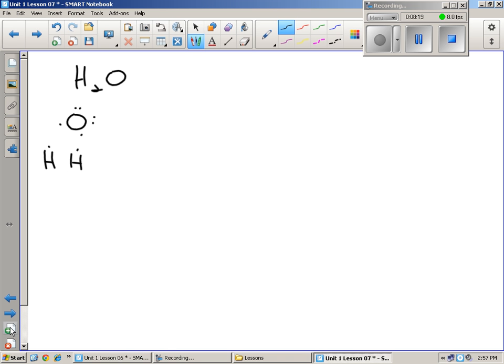So, according to our definition of bonding capacity, which one has the most bonding capacity? How much does oxygen have? Bonding capacity of 2, yes? Each hydrogen has 1, yes? So which one goes in the middle, or which one should I start with? Probably oxygen, yes?